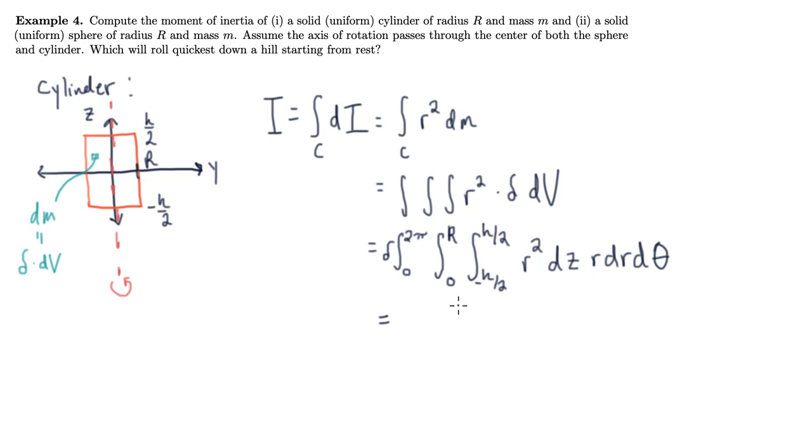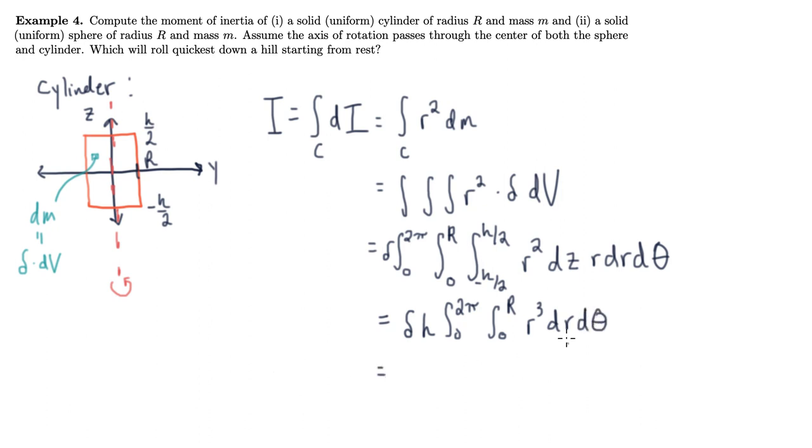That's just going to give me h. So I'm just going to get a factor of h, so that's delta times h, and then 0 to 2 pi. Okay, good. And then I have 0 to r of r cubed dr d theta.